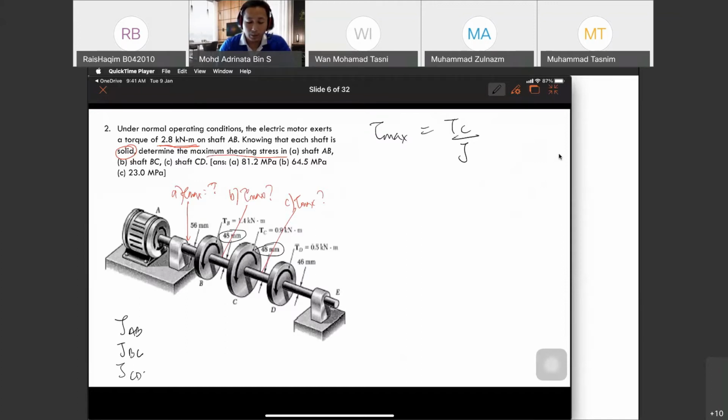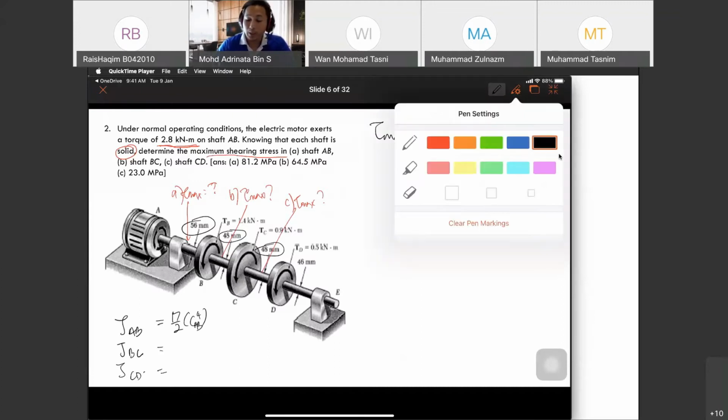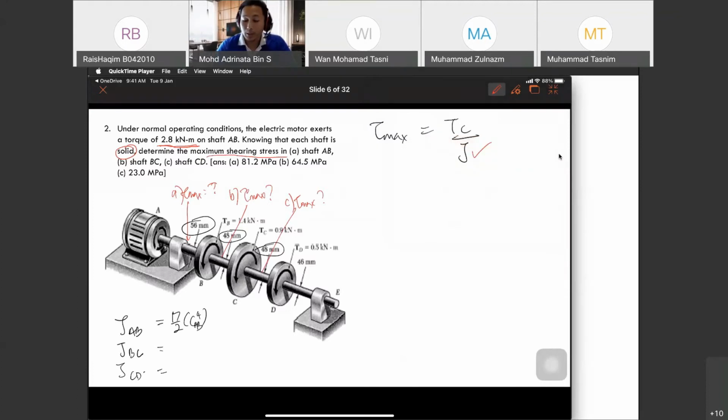Okay. So itu diameter, bagi 2 dapatkan C. J equals to pi over 2 C to the power of 4. Okay. So ni CAB. Right, dan seterusnya lah ni untuk kita dapatkan J. So J tak ada masalah, boleh dapat. C dah diberikan. Okay. So masukkan J ke dalam equation tau max ni. Okay. Dan boleh kita selesaikan.